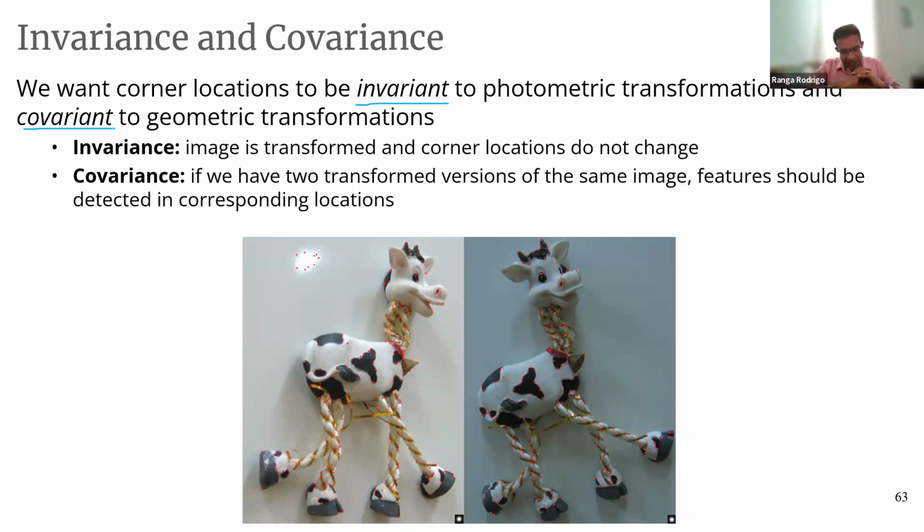And if you change the intensity of the image, that means photometric transformations, the corner location should not be changed, invariant. When you are rotating the image, they must be covariant, like the image it should be rotating. So invariance means the image is transformed and corner locations do not change. Covariance means if you have transformed versions of the same image, we should detect at the corresponding location. That is the invariance and the covariance that we are looking at here.